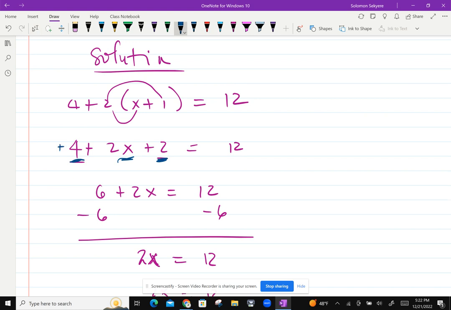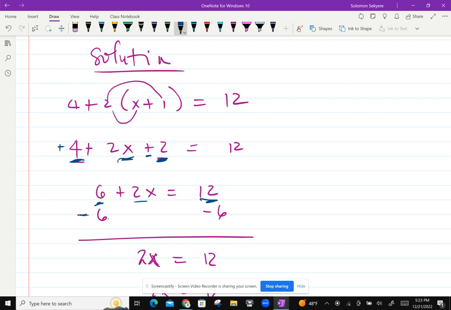This is a positive 4 and a positive 2. So I get positive 6 plus 2x is equal to 12. At this point is what you're used to, right? We have 12 here and 6. These are integers, so we just subtract 6 from both sides.